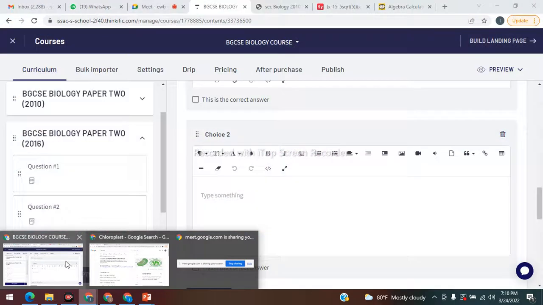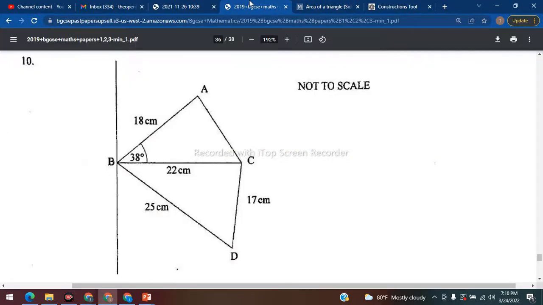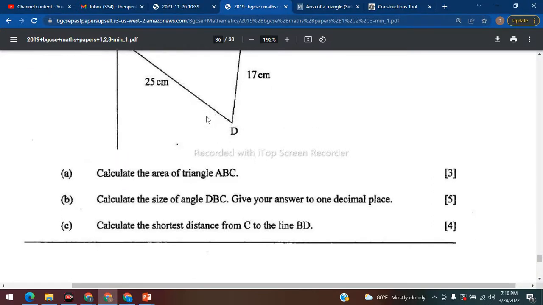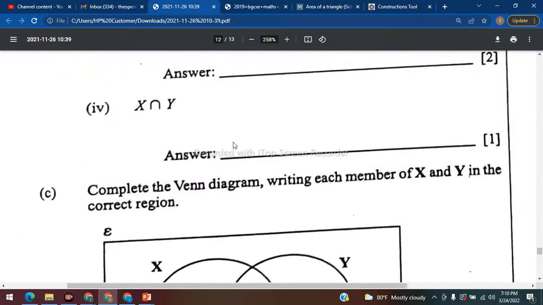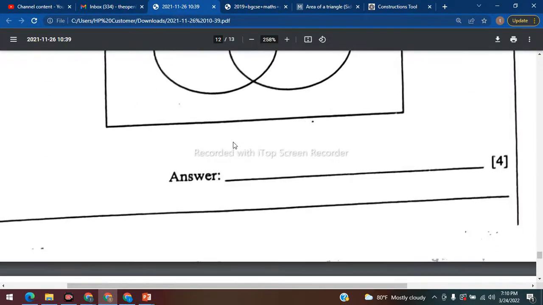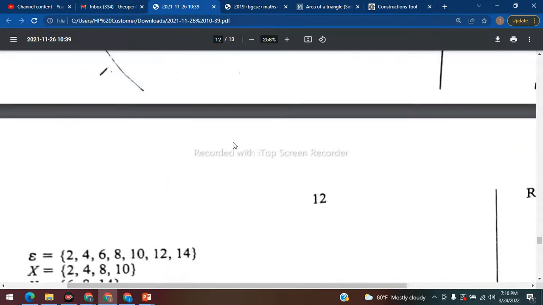No, let's not do the second part. Let's go back to this paper. We good? So we finished this one. That was sets.